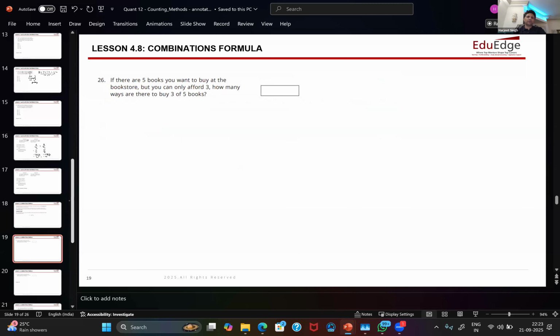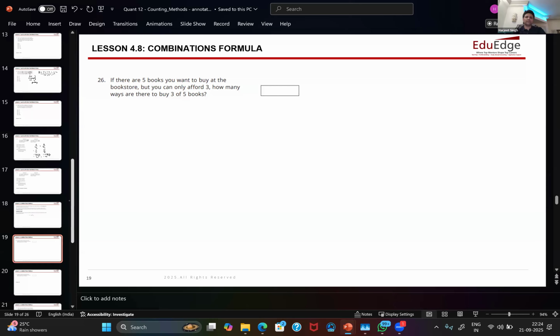If there are 5 books you want to buy at the bookstore, but you can only afford 3, how many ways can you buy 3 out of 5? So is this permutations or combinations? Combinations, because suppose you select books A, B, C. Now, whether you select A first or B first or C first doesn't matter. It's about choosing them, right?